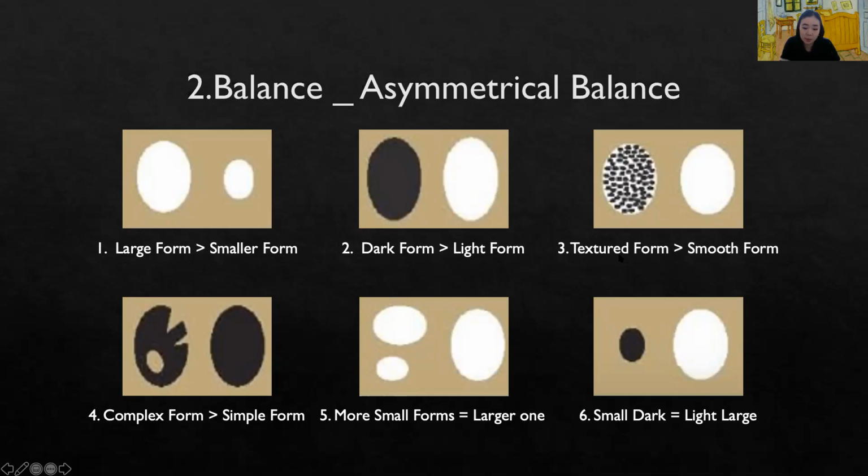And the third one, the textured form is visually heavier than a smooth form of the same size. And the fourth one, a complex form is visually heavier than a simple form of the same size. And fifth, two or more small forms can balance a larger one. And sixth one, a small dark form can balance a larger light one.